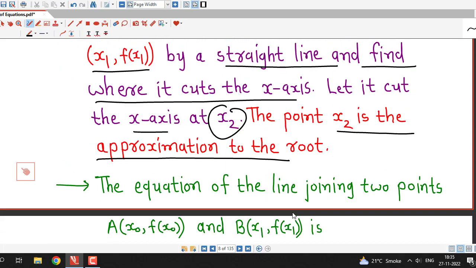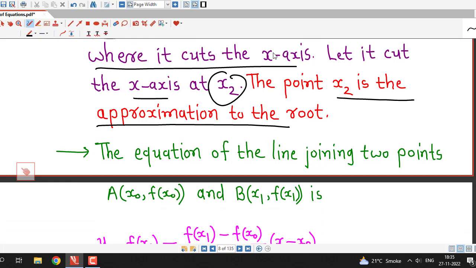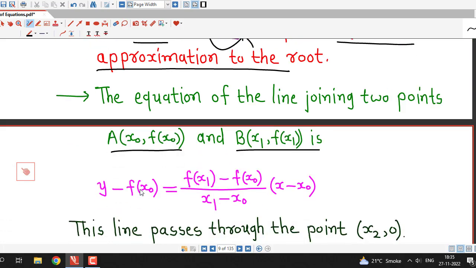Now we have written how we obtain the formula for x2. The equation of the line joining the 2 points A (x0, f(x0)) and B (x1, f(x1)) is y minus f(x0) equal to the slope of this line, that is, the difference between y components divided by the difference between x components, times (x minus x0).